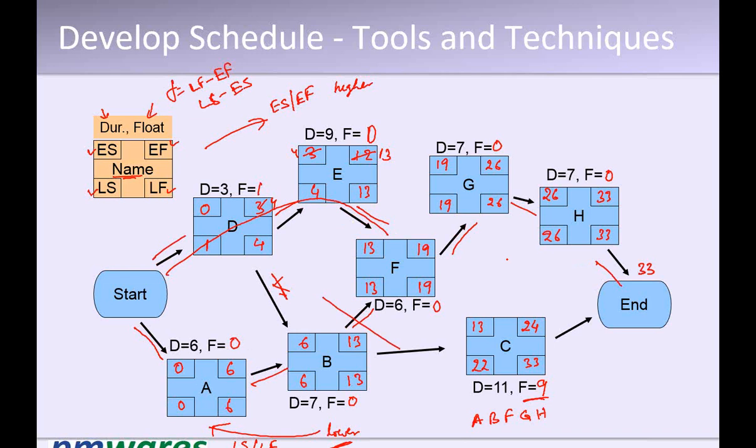The idea here is that the path that contains less float also needs to be watched carefully. Now, to complete the project on time, why are we calculating the critical path? Because to complete the project within time, you need to carefully watch A, B, F, G, H, because if any one gets delayed, the project will get delayed.